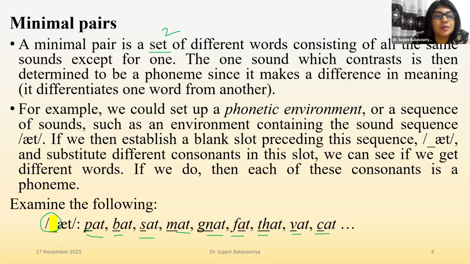Okay, so that is what you mean by minimal pairs. Actually, we can use this kind of examples to understand that each and every phoneme is meaningful, or each and every phoneme has its own distinctive meaning. That is the fact we prove using the minimal pairs.